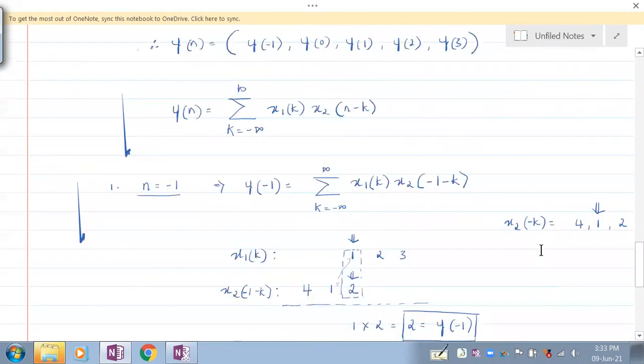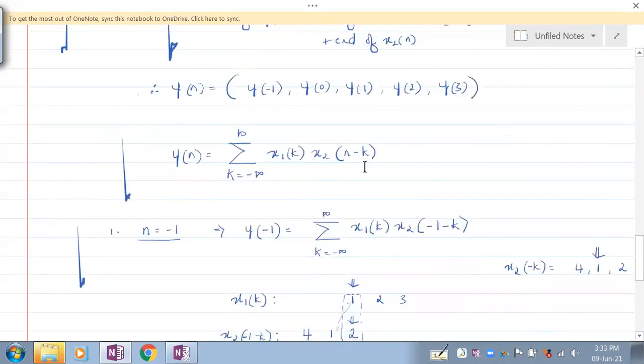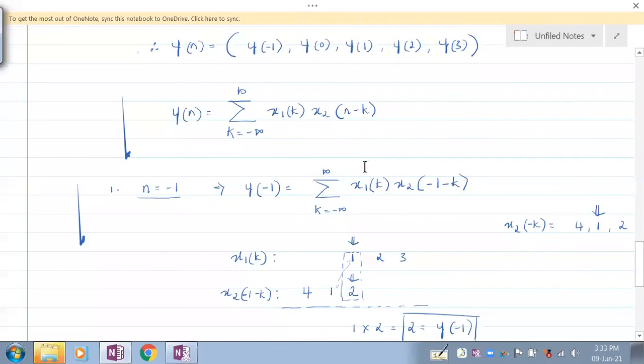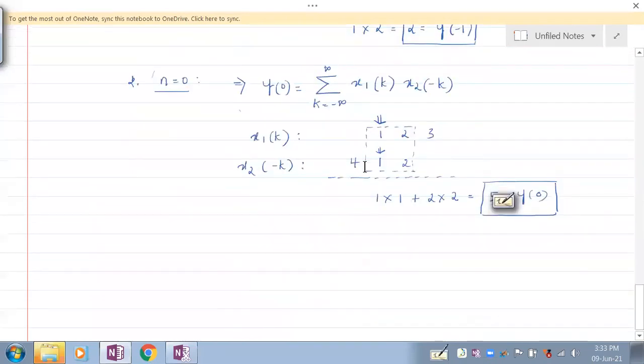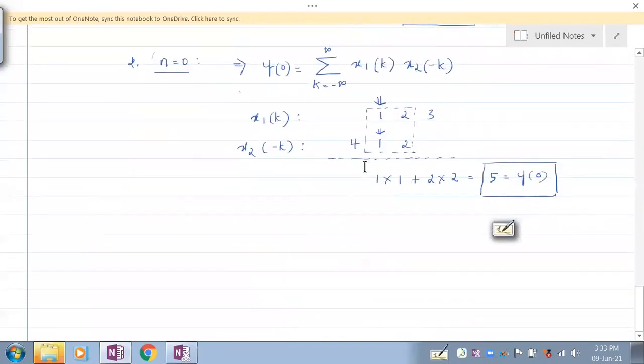How many such samples do we need to obtain? Two we have obtained. Three more you have to obtain. Can you obtain those three more samples yourselves? I'll be doing it here anyways, but if you do it yourself, it is good. Okay, so the third sample means it is n equal to 1 sample. If it is n equal to 1 sample, it implies that your y of 1 is what we're writing. Fine.